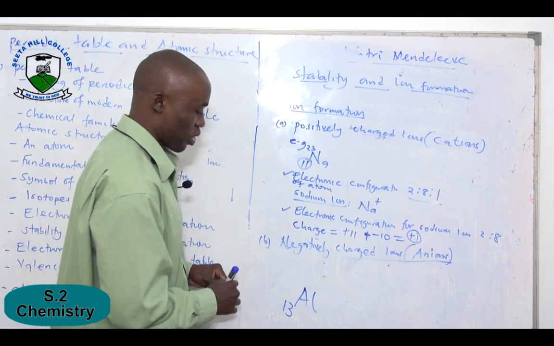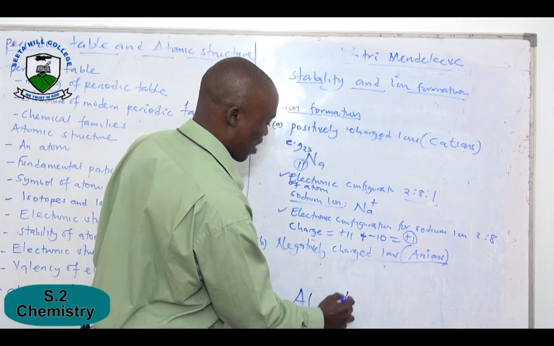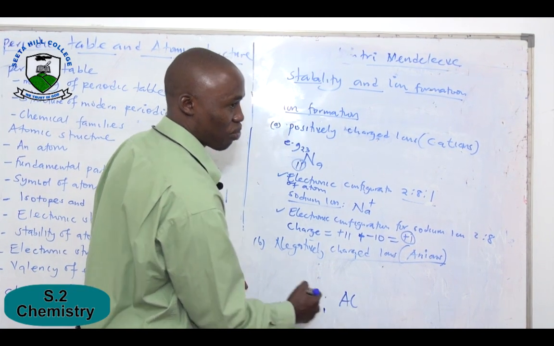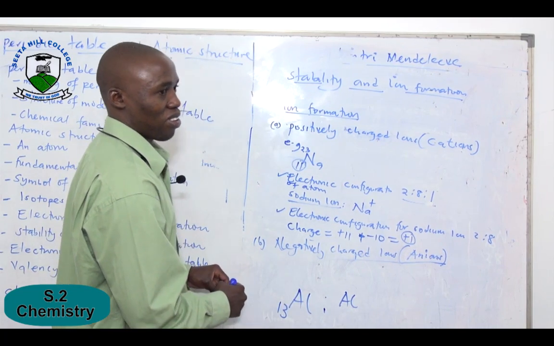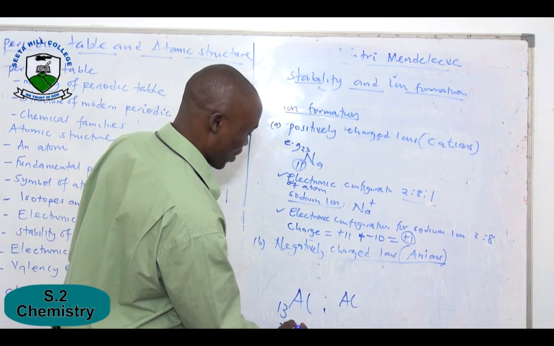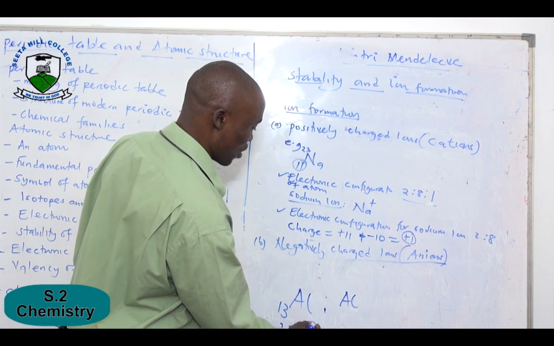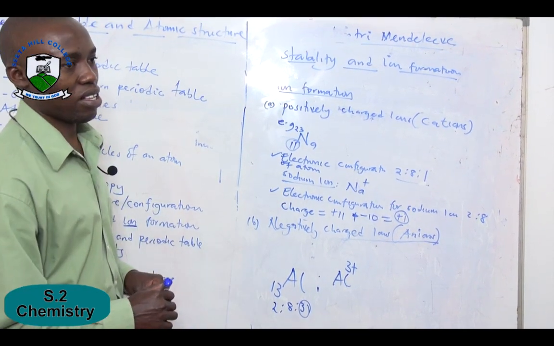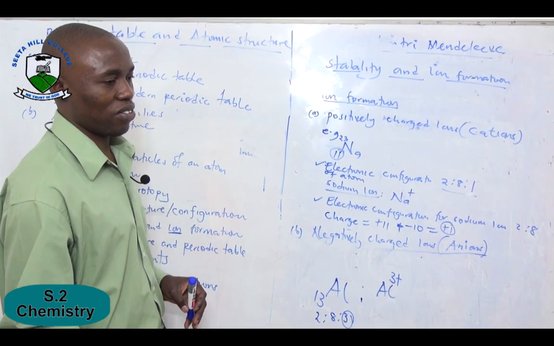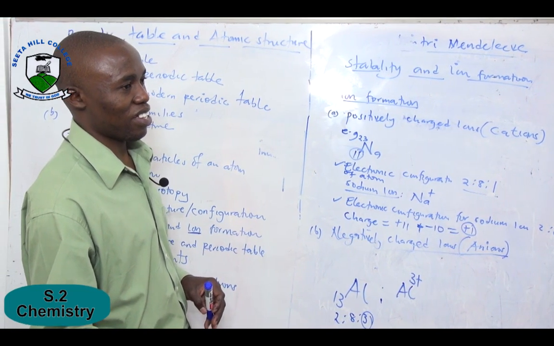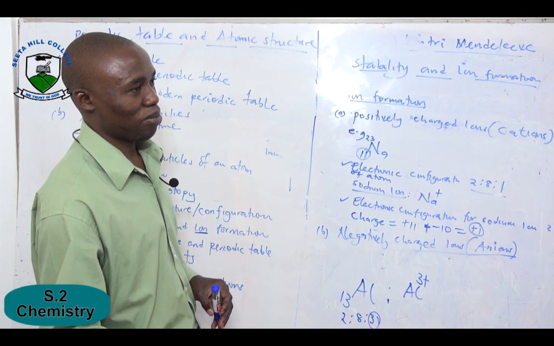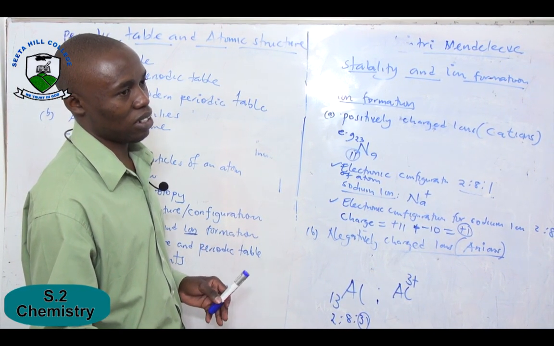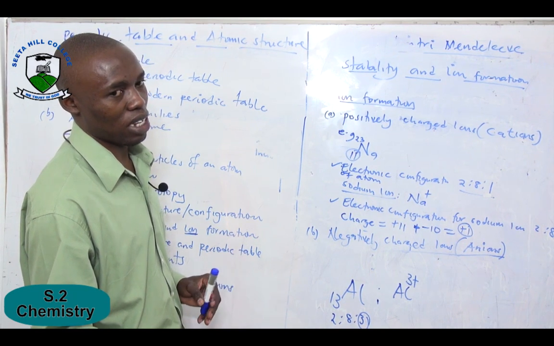Which positive? How many positive charges will it have? Because it is 2, 8, 3, therefore it will lose. You will have this. Is it okay if the positive comes before the negative? There is what scientists agreed about. If we change, we shall be going against fellow scientists.